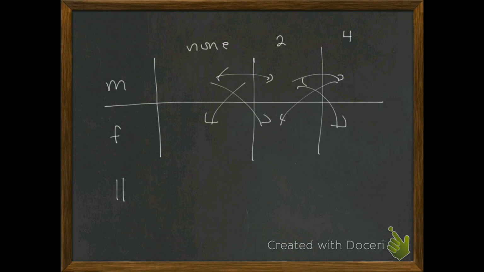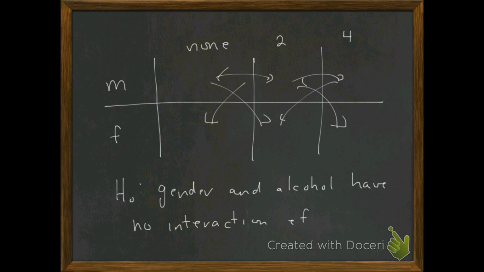So in this case, the null hypothesis would be that gender and alcohol have no interaction effect on mate selection.